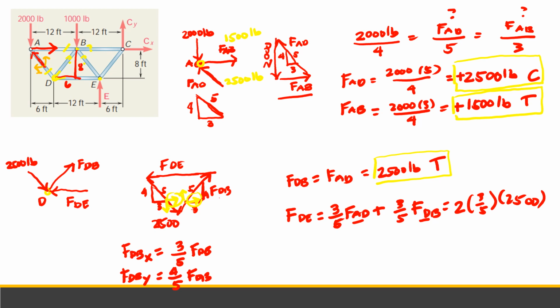So FDE will then be equal to 3,000 pounds, which is positive, so meaning that is in compression. So tama yung assumption natin na CD is in compression and FDB is in tension. Okay? So that is for the force DE.